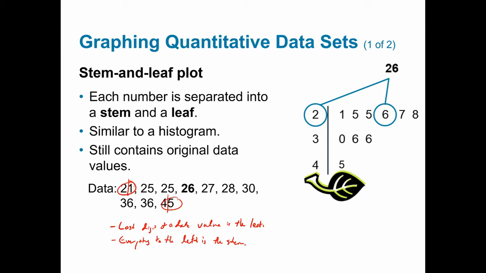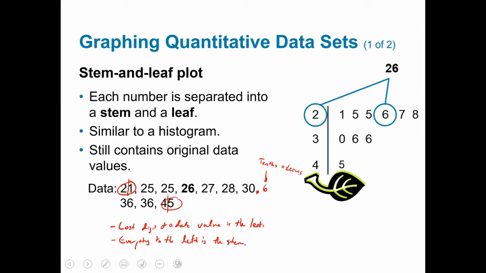So if something was, say, 30.6, then everything in the tenths position would be my leaves. Whatever the most decimal places that you have is, that last digit is going to be your leaf.